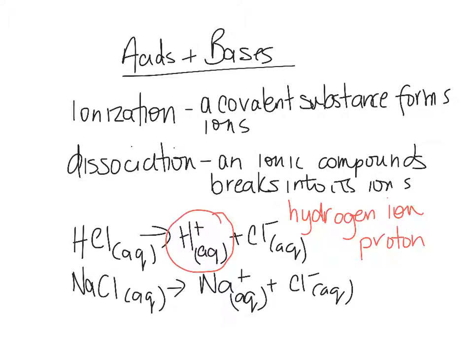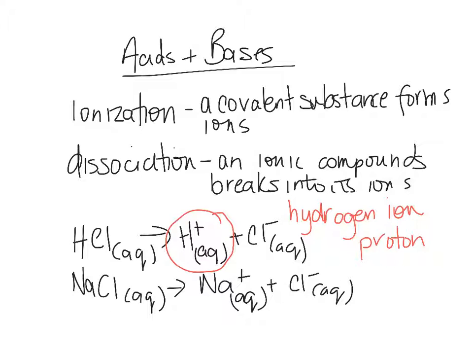So Arrhenius said that an acid has an H in its formula and it ionizes in water to produce a hydrogen ion. And a base had to contain OH-, and it will dissociate in water to form OH-.